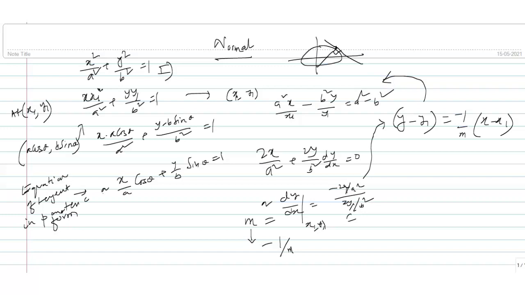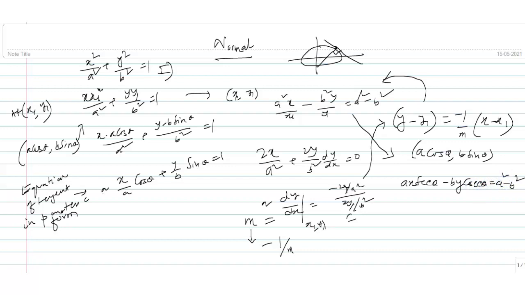And if someone says to write this equation of the normal in parametric form, how will it look? Just put x1 as a cos theta and y1 as b sin theta. If you put this in, you get ax sec theta minus by cosec theta equals a square minus b square.